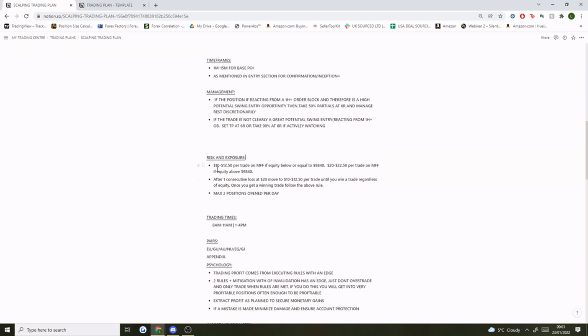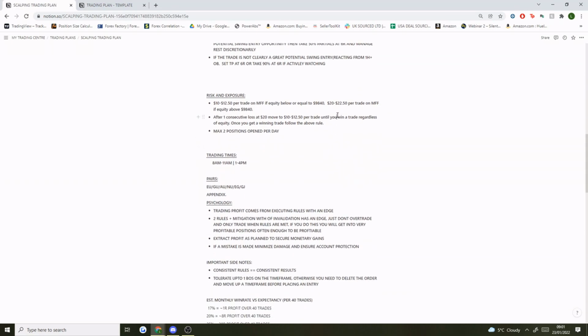If I risk $10.50 or $11 instead of $10, I don't want that to violate my plan. So that's why I've got a small range on both numbers. Also, after one loss at the $20 point, I'll move down to $10, because I do think that if you reduce your risk after a loss, it will flatline your overall equity drawdown.